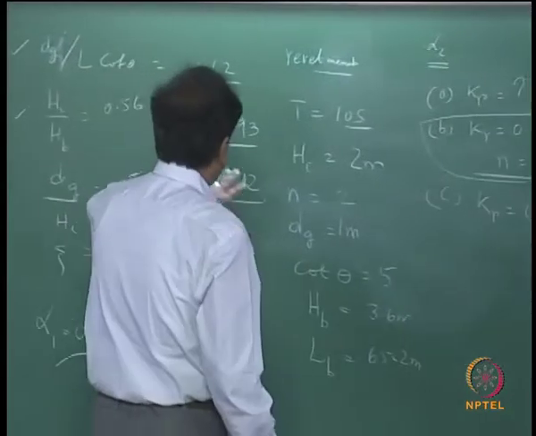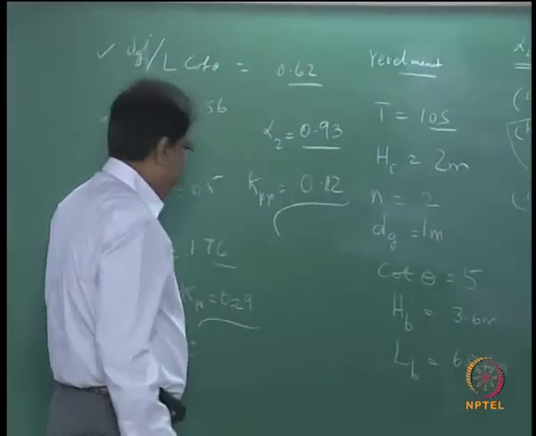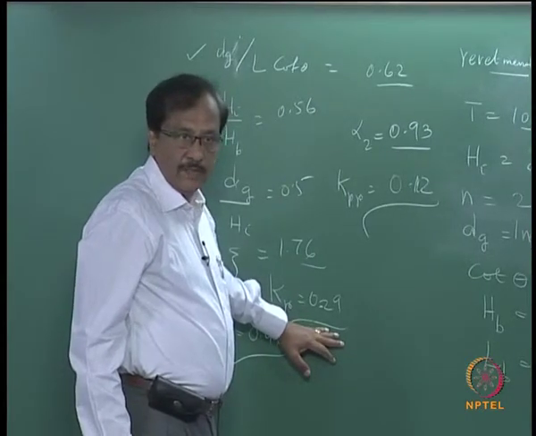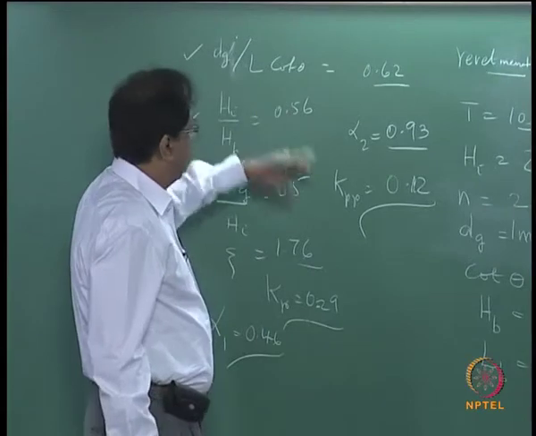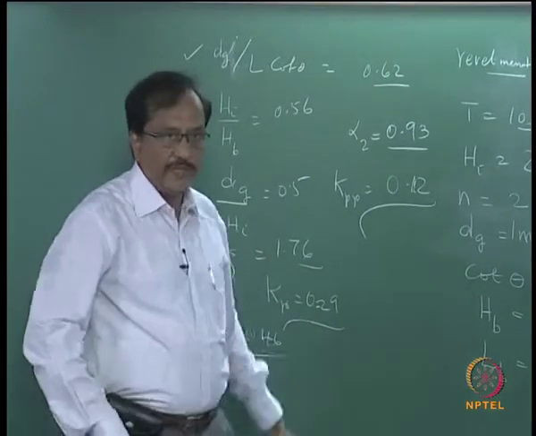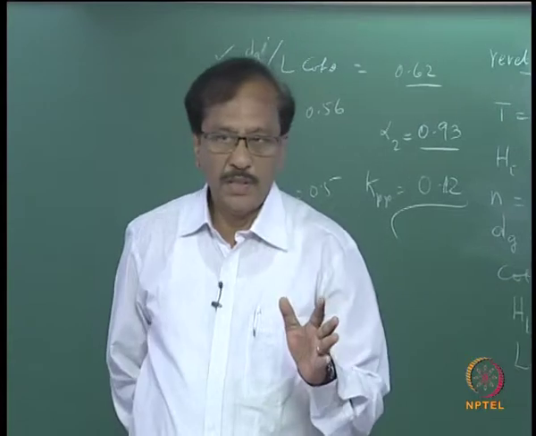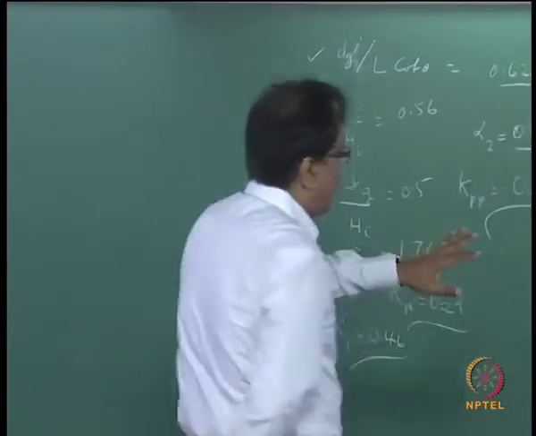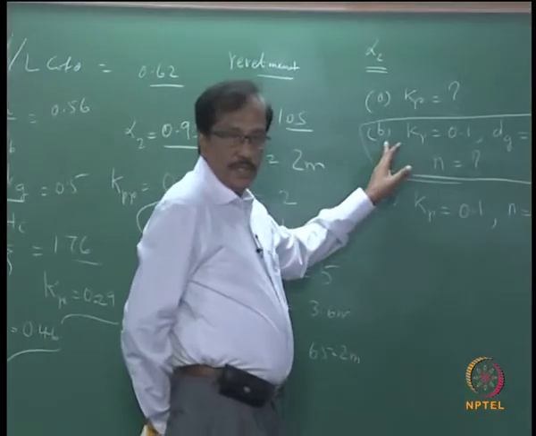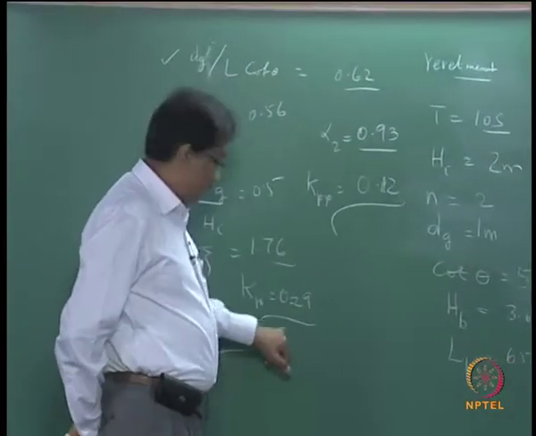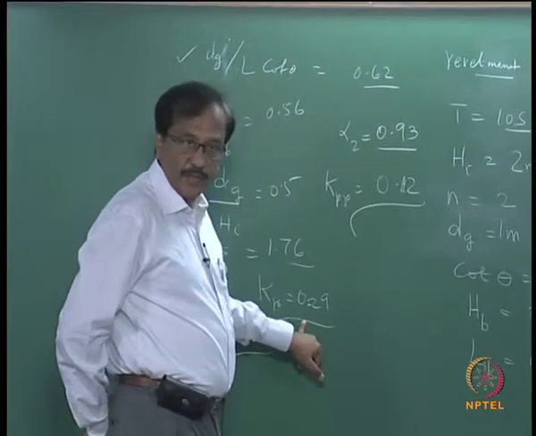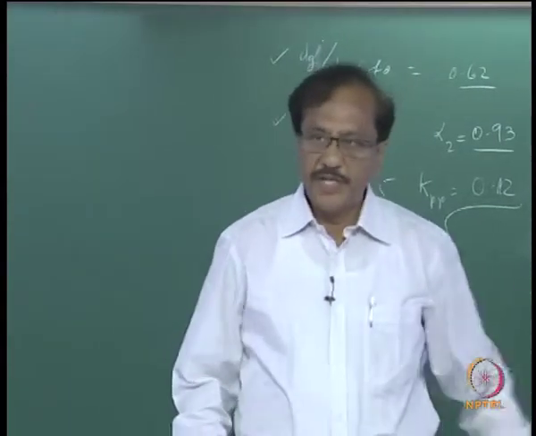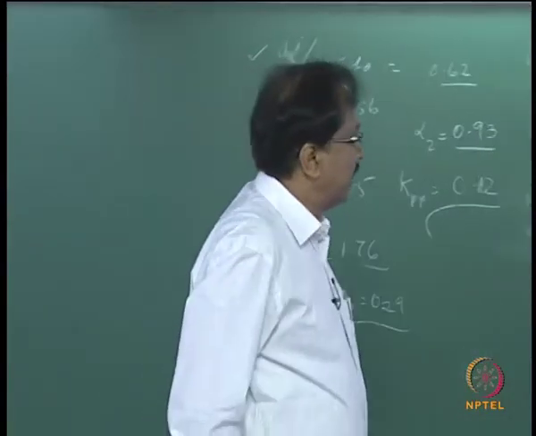So will this kr change whatever we have evaluated? Because kr, if you look at the surf similarity parameter, it is only the function of beach slope, then hi and t. All these things I have retained the same. So this value will be same, only the values for the correction factor will change, which needs to be evaluated from the figures.